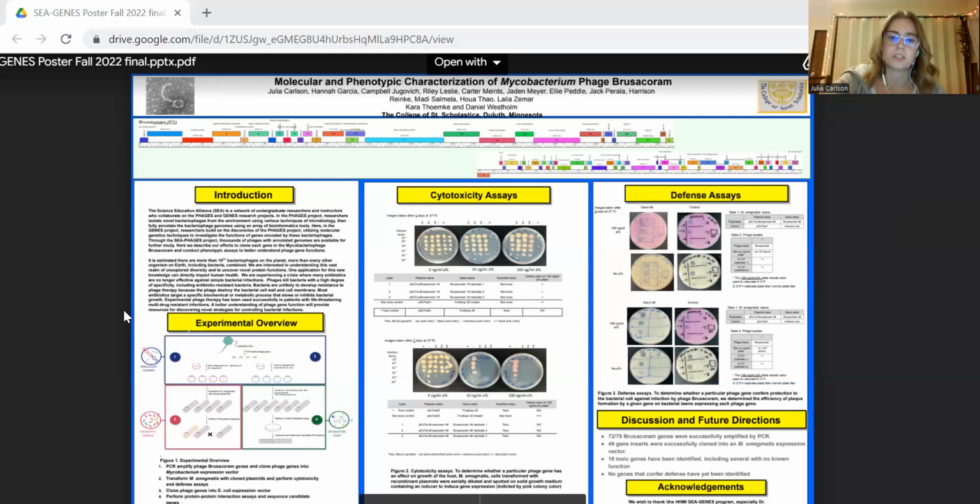In determining the function of each gene, we began by looking at the Phamerator genome map, which is pictured below the title here, and the phage's gene list. With the Phamerator genome map, the various colors at the top here indicate nucleotide sequence similarities.